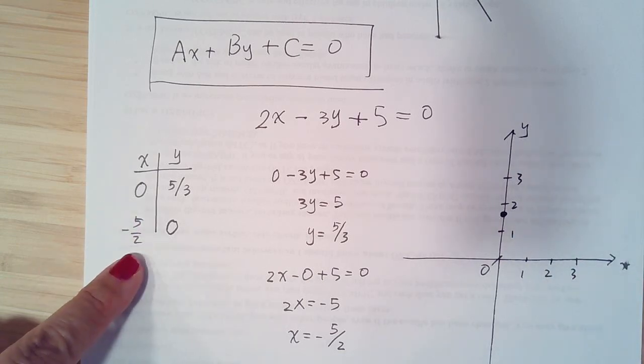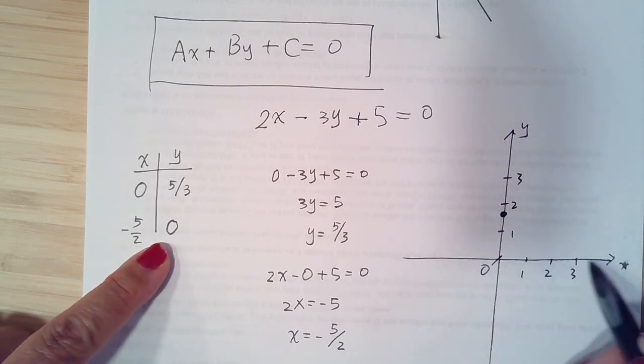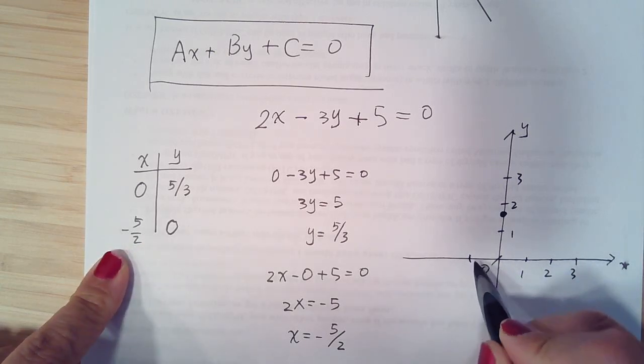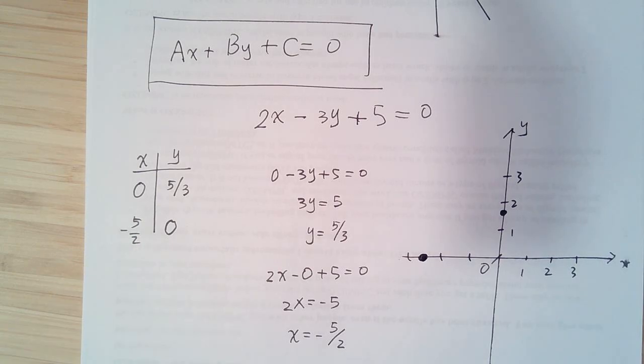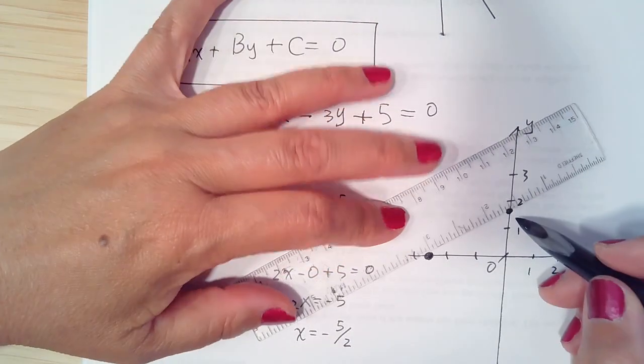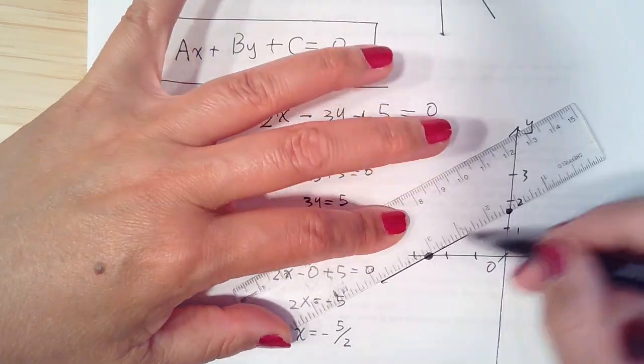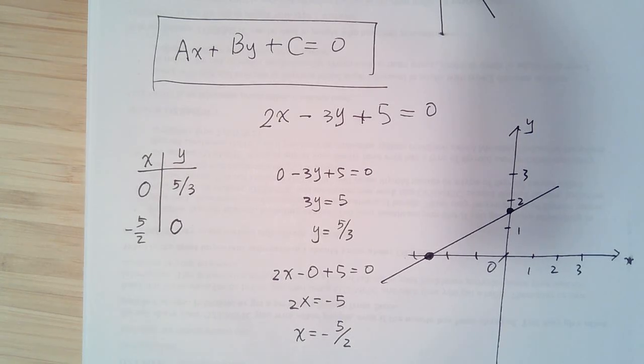And this one, when y equals 0 and x equals negative 5 over 2, that's negative 2.5. So I get these 2 points. Pew! I got my graph. What do you think? Not bad, huh?